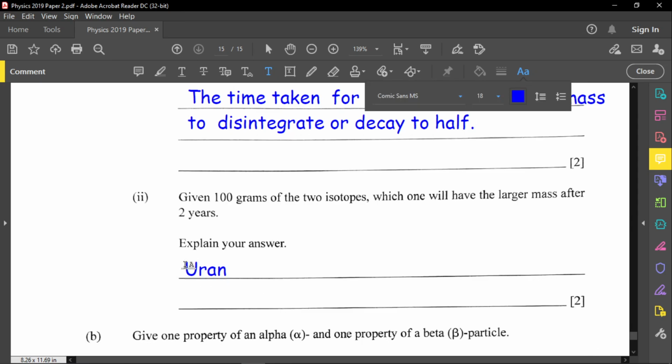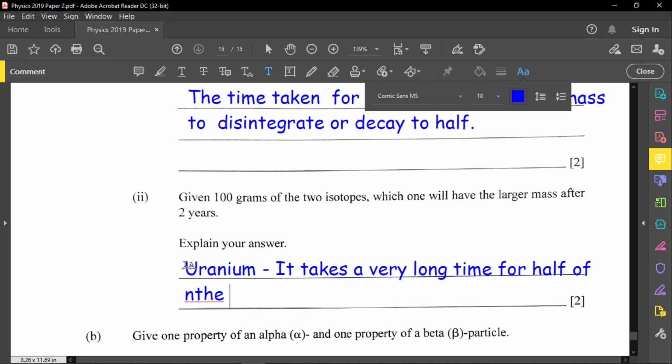And since uranium, this is simply because it has a long half-life. It takes a relatively long time for half of the substance to break down.